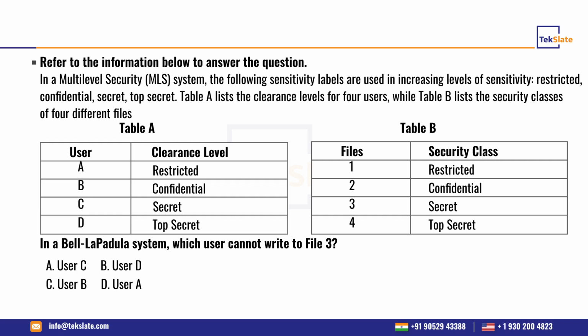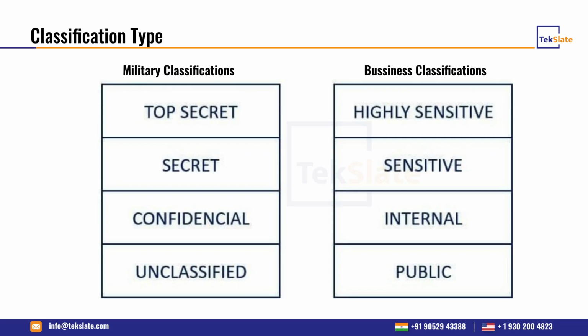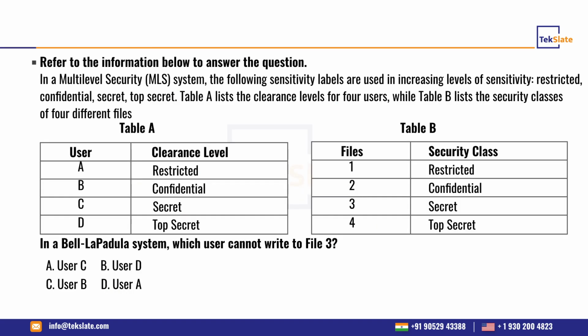Now top secret is at the top, the secret is below, and the confidential is below that. If we check, top secret is the higher one, so user D is top secret, the higher user. And user C is equivalent to this, because the level of file 3 is secret, right? So what is the top level? This is top secret.